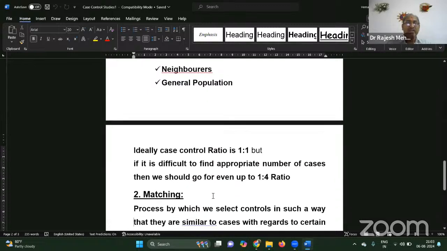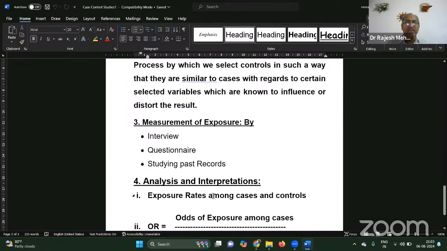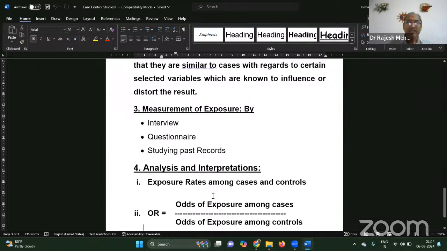Sources we already talked about, and although it says 1:1 ratio, 1:4, 1:6 is also possible when the cases are relatively few. We do the matching, and measure the exposure. In case of, let's say, food analysis, you can have a weighment method, stock inventory method, a lot of methods could be there.